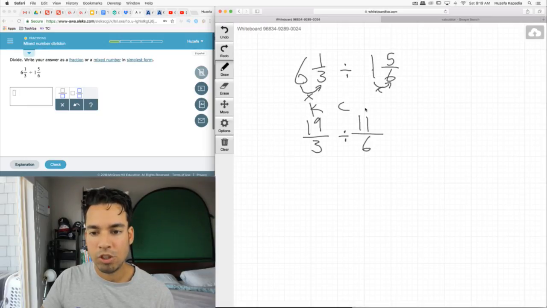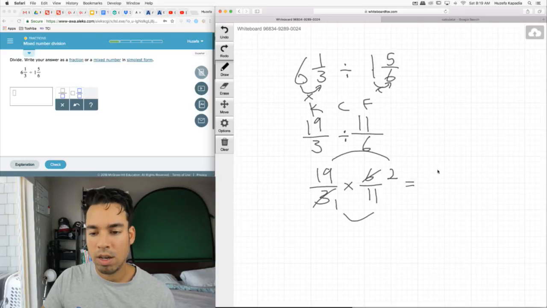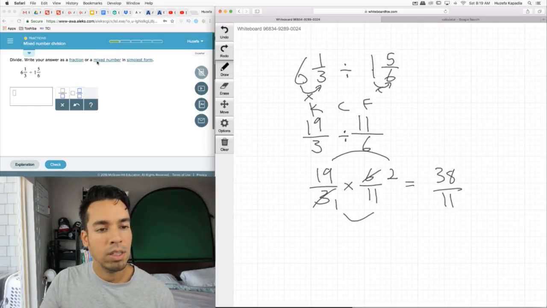Now let's do keep, change, flip, and we got 19/3 times 6/11. I can cross simplify here, divide both by 3, we got 1 and we got 2. Multiply across, and we've got 38/11.